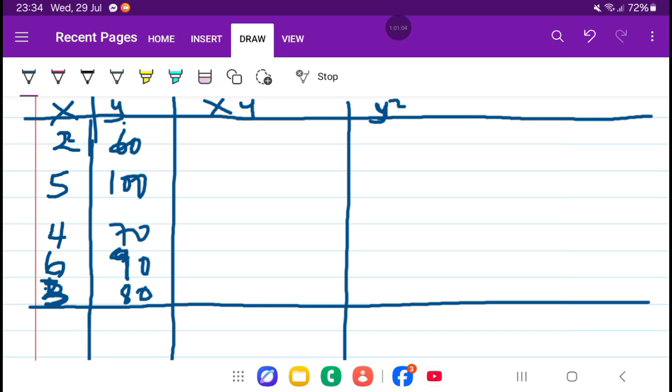So of course the summation of x, 2 plus 5 plus 4 plus 6 plus 3 equals 20. That is 20. Then summation y equals 400.